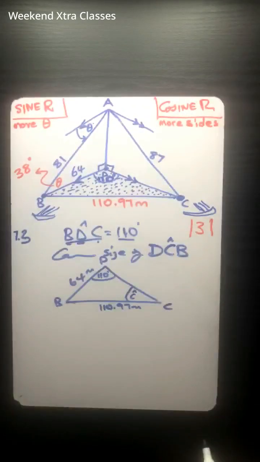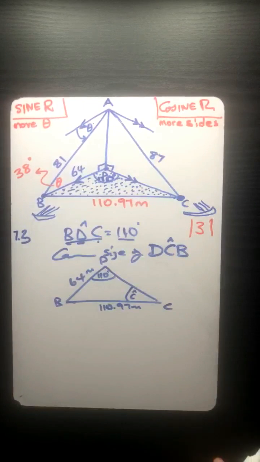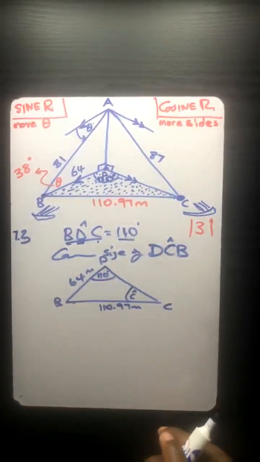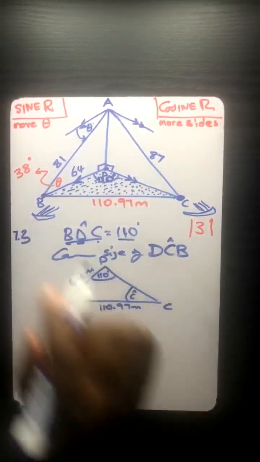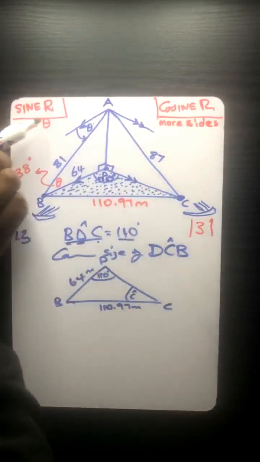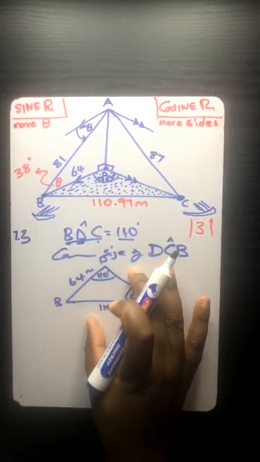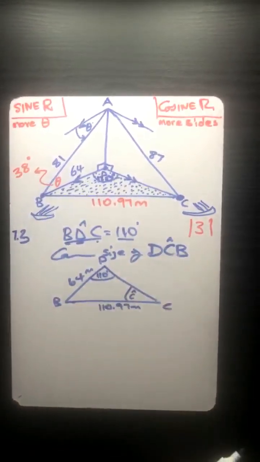And you do the same thing. You say, in this triangle, you can actually apply the sine rule based on the arrangement of this information that is given.